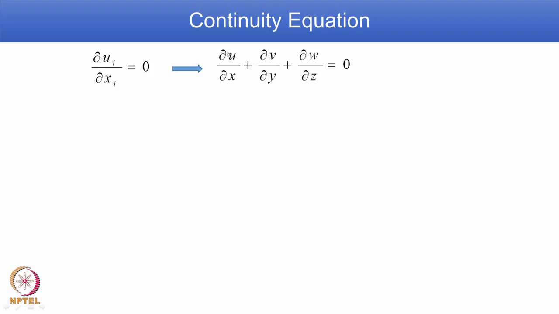We know for a steady as well as incompressible situation, the continuity equation is written as shown here, that is dou u by dou x plus dou v by dou y plus dou w by dou z equal to 0. Now, the same continuity equation in the form of index notation is written here: dou ui by dou xi equal to 0.